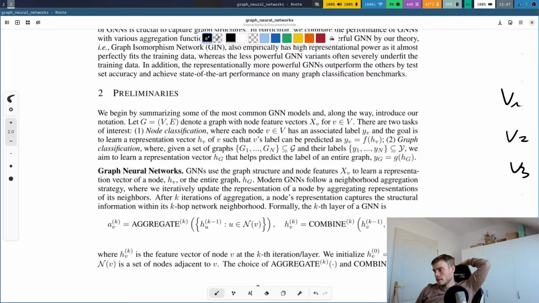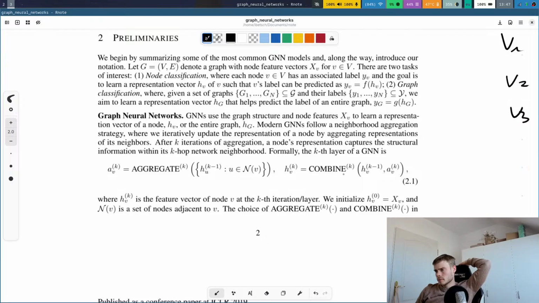we combine. What is HU? Okay. Combine HVK-1 with AVK.